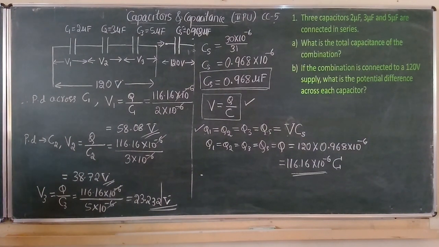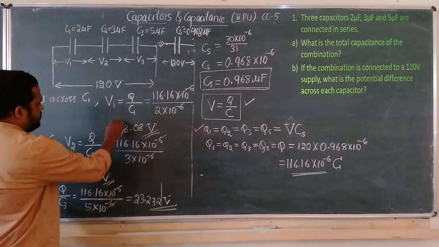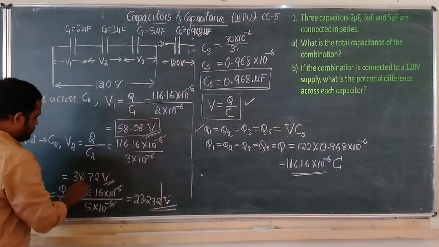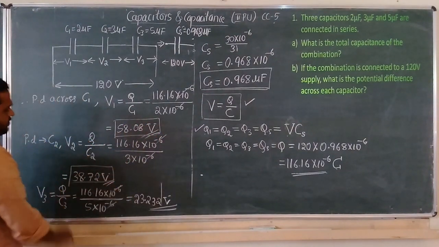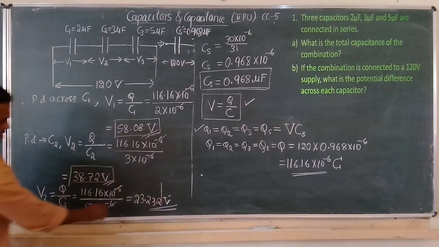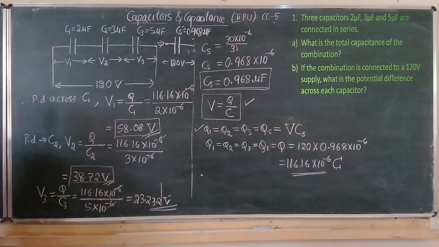So the first value is 58.08, the second value is 38.72, and the third value is 23.232.